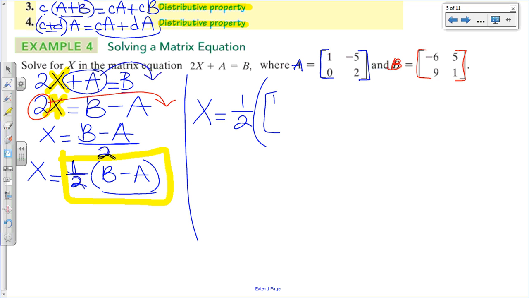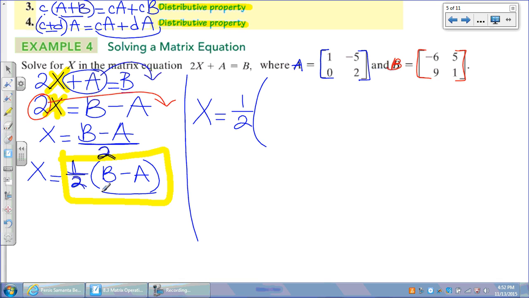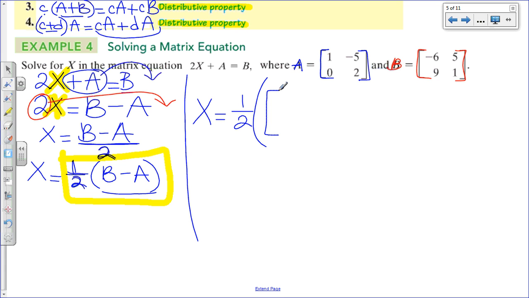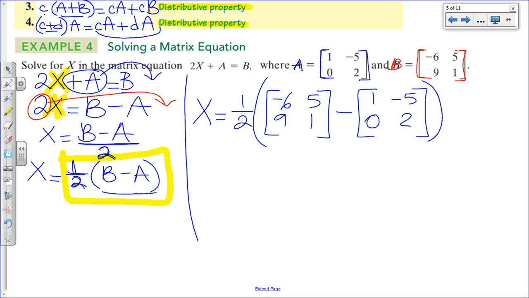So first I will have 1, -5, 0, 2. Oh, I'm sorry, that is matrix A. I hope you're using a pencil. So matrix B goes first, that is -6, 5, 9, and 1. And then we subtract that. From that, we'll subtract matrix A, which is 1, -5, 0, and 2.